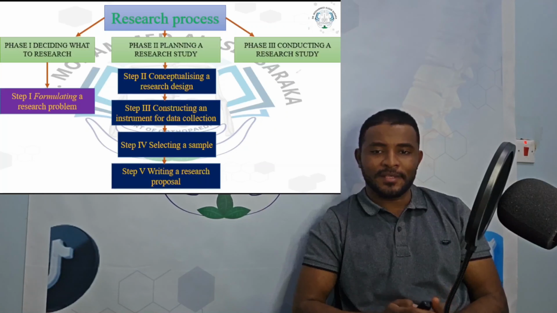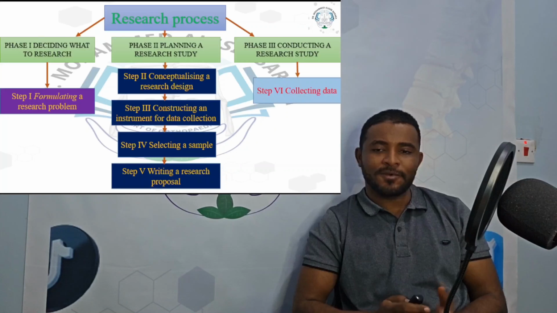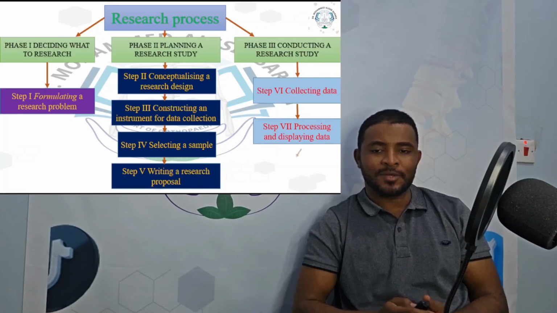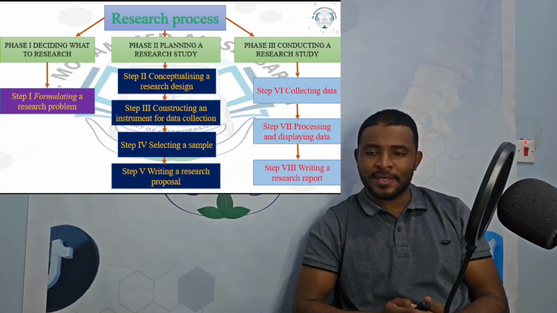Phase 3, conducting your research, also contains 4 steps: first collecting your data, then processing and analyzing your data, after that writing a research report, and finally publishing your research.